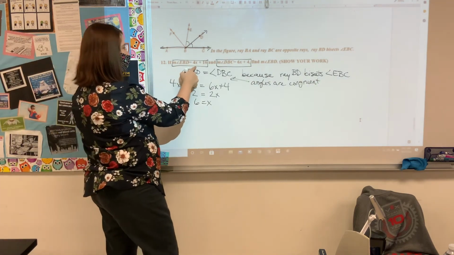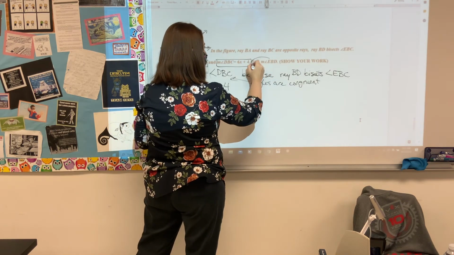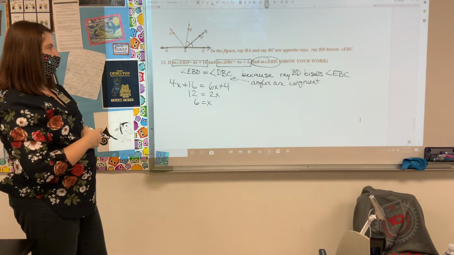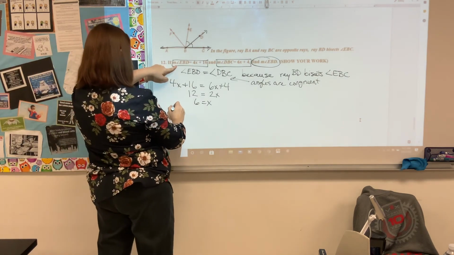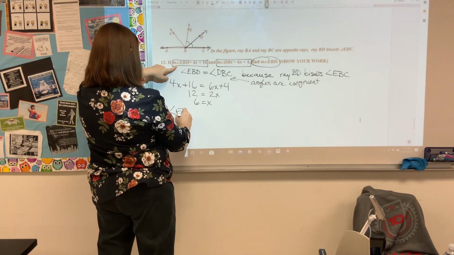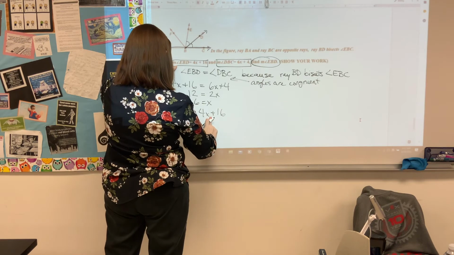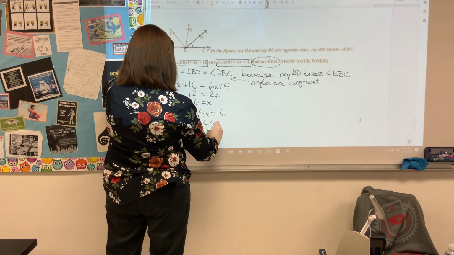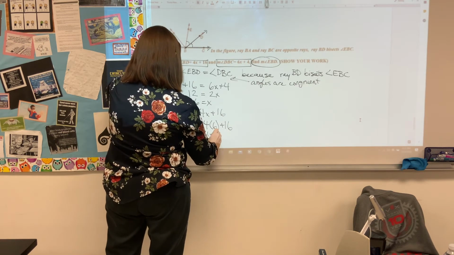If this is this, find EBD. How can I find that? Angle EBD is equal to 4x plus 16, which is the same as 4 times 6 plus 16, which is equal to 40 degrees.